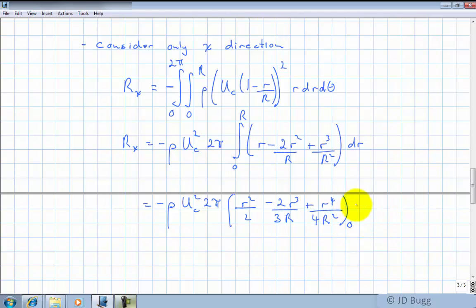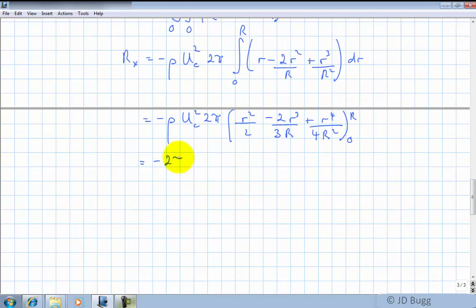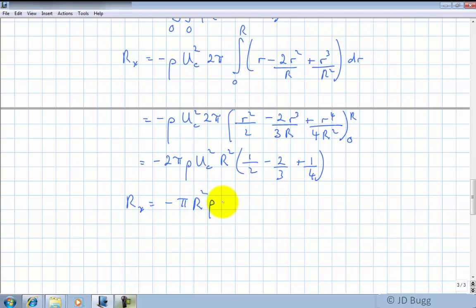That's going to be evaluated from 0 to R. So that's equal to negative 2 pi rho uc squared R squared times 1/2 minus 2/3 plus 1/4. So notice when you substitute in this R, there's an R squared. You can factor out every one of those terms. So this all evaluates to minus pi R squared rho uc squared over 6.